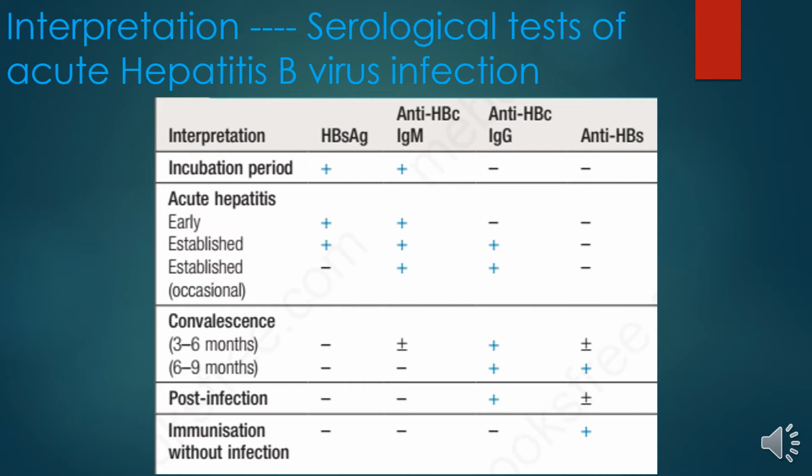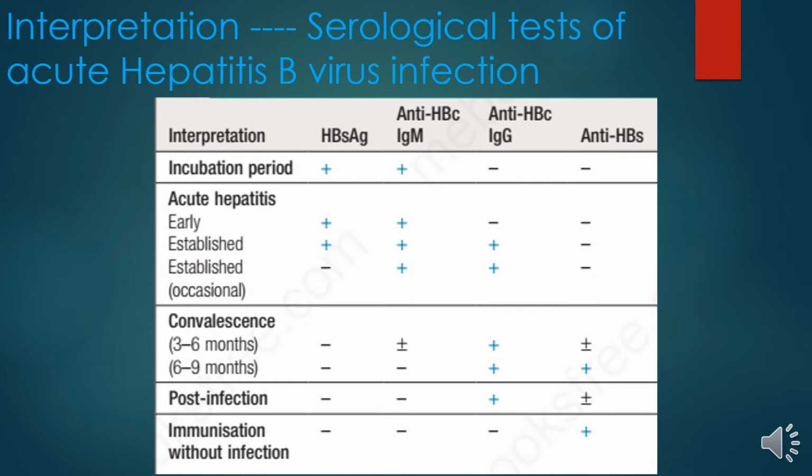Interpretation: in acute hepatitis B virus serology, during the incubation period, the hepatitis B surface antigen and anti-hepatitis B core antibodies of IgM type are present, and they are also present during the early stage of the acute hepatitis. In an established case, the anti-hepatitis B core antibodies of IgG type may appear.